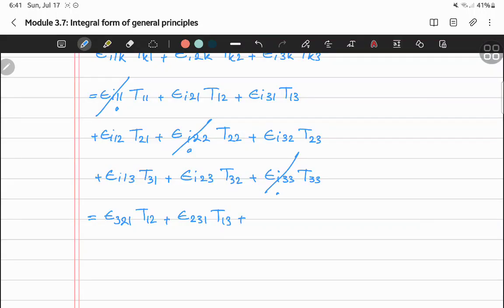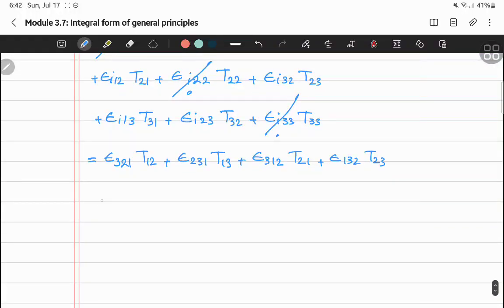So I can take only 3: epsilon_321 t_21 plus. Here i can take 1: epsilon_132 t_23 plus. Then i here can only take 2: epsilon_231 t_31 plus.